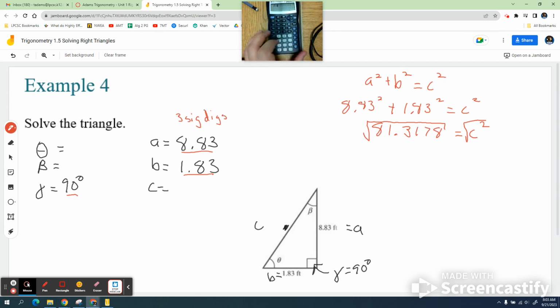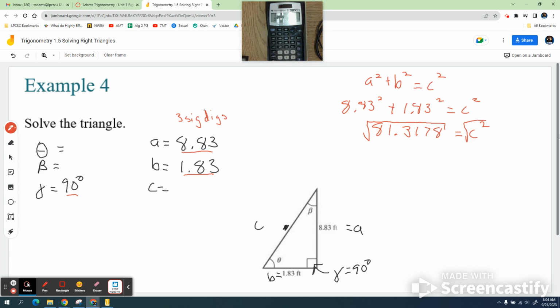That's why. Let's take the square root of 81.3178. Is that right? Yeah. It's kind of hard to see on my calculator. So I hit enter.